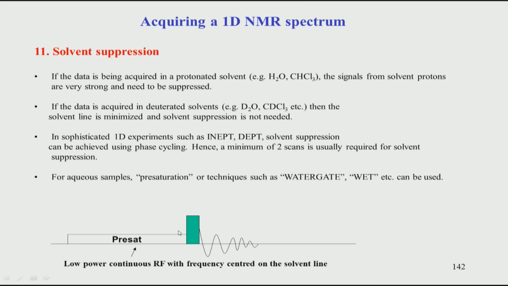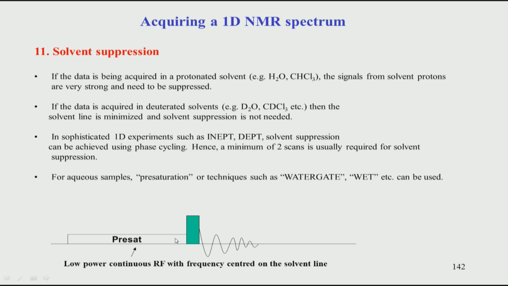We will not be able to go into details of how that saturation happens, but the idea is very simple: you take the chemical shift value of the water protons, and you apply at that frequency a weak continuous RF. Weak means a really weak signal, typically about 50 to 100 hertz.